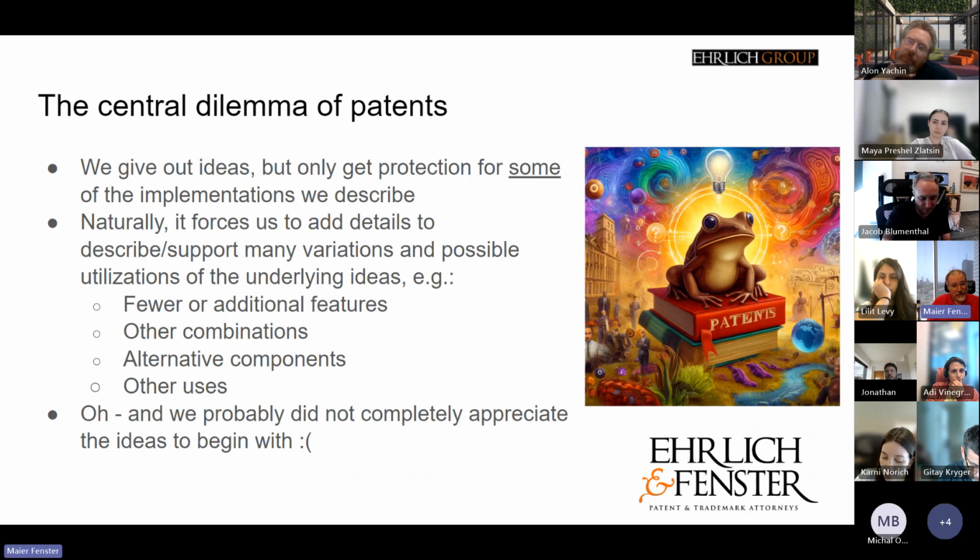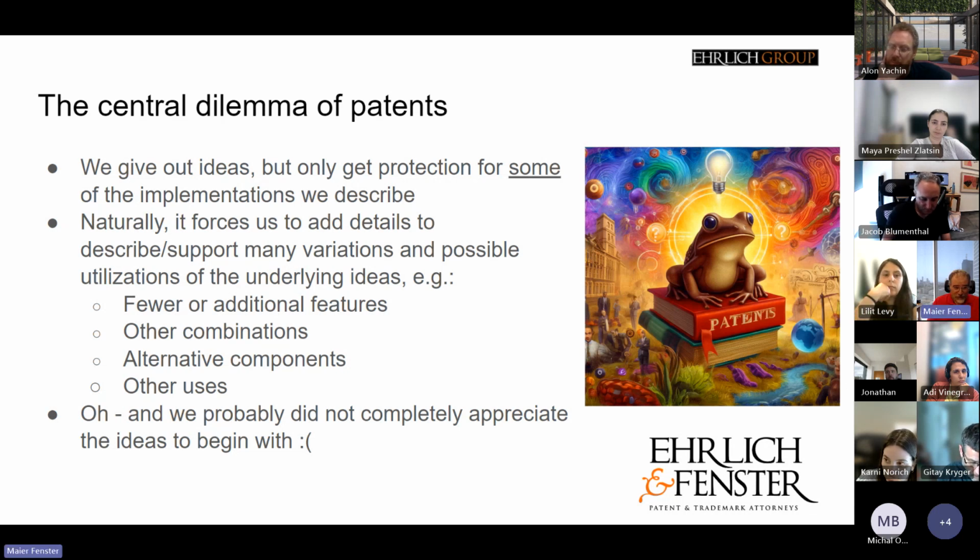But even to get those some, it means you want to describe lots of variations. And if you want to describe lots of variations, you have to have lots of details. On the most basic level, more features, fewer features, other uses, and you need even more details because you probably don't appreciate the idea that you're publishing.